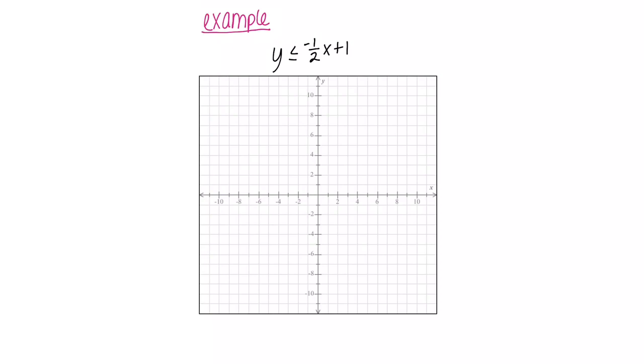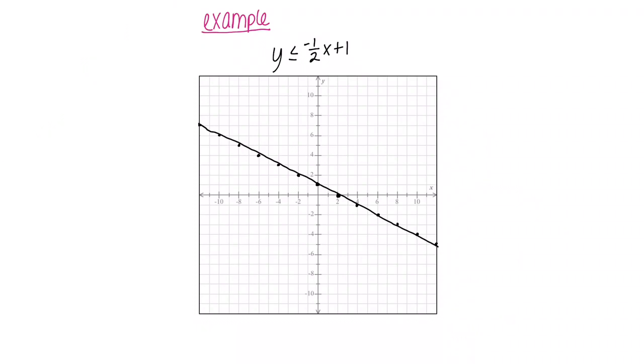So I'm going to come in, plot my y-intercept. The slope is negative 1/2, so that's down 1 over 2. And you don't have to be perfect about this. Beautiful.